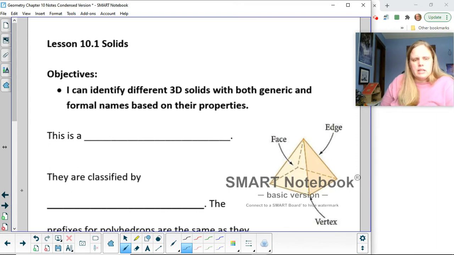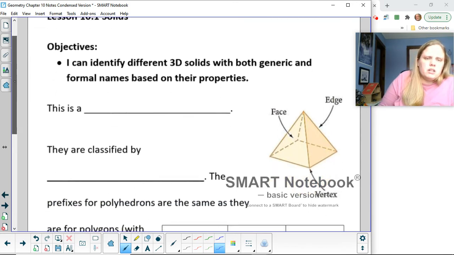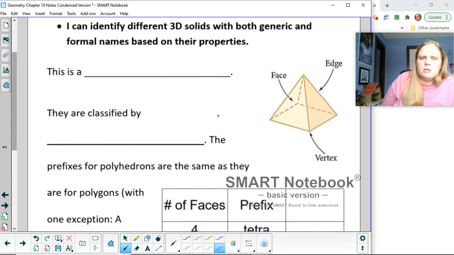Okay, now as we get into these solids, there's a lot of information here. We're going to condense it down a little bit, so we're not going to cover everything, but we just need to be able to pick out the different parts of the solids. And so the important terms here are the things that make up the solid. So when we have a corner like this, that's a vertex.